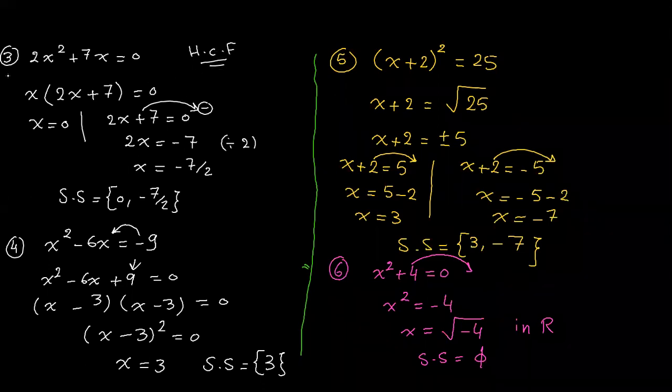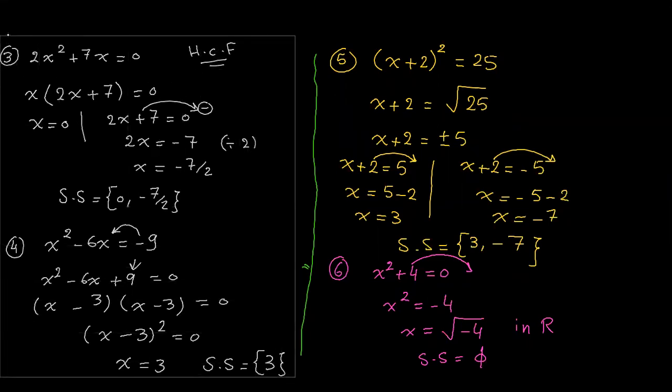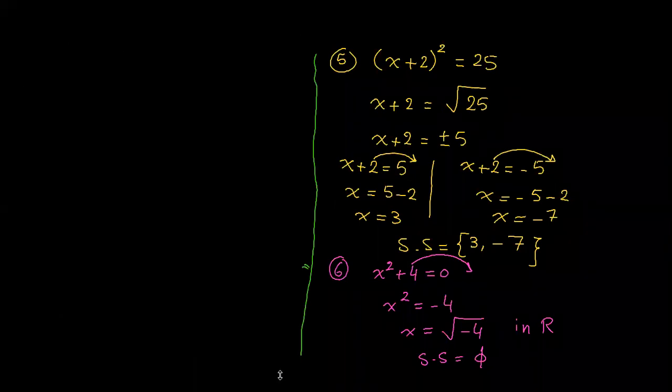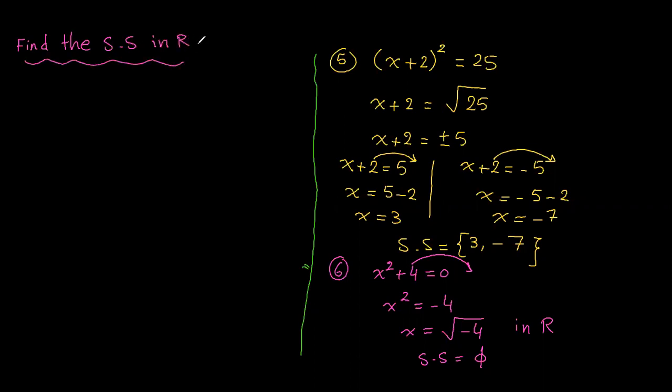So another example for solving the equation. The example here depends on finding the solution set in R. The first example: (x - 3)(x + 5) = 20.